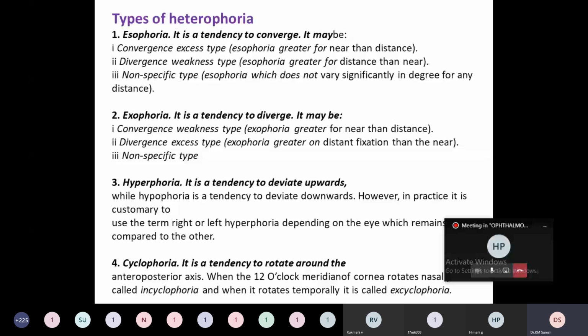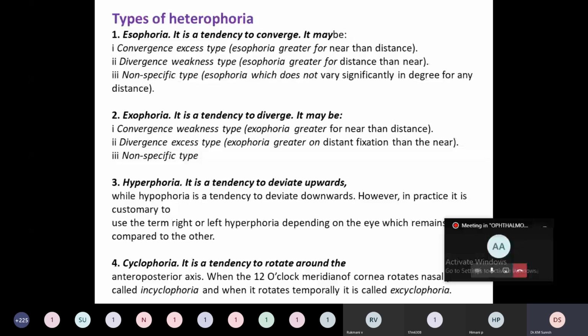It may be due to convergence excess type or divergence weakness type or a non-specific type. Convergence excess type: esophoria greater for near than for distance. Divergence weakness type: esophoria greater for distance than for near, the opposite of convergence excess type. The non-specific type does not belong to any one of these two groups.